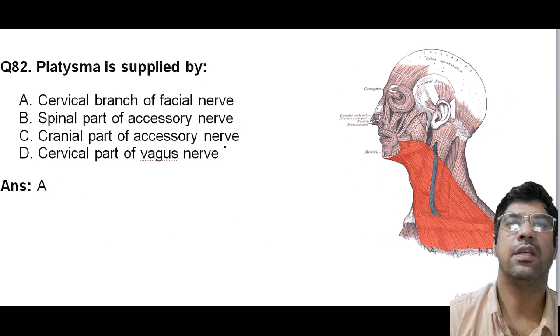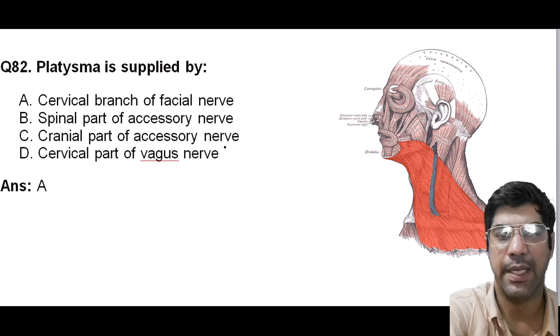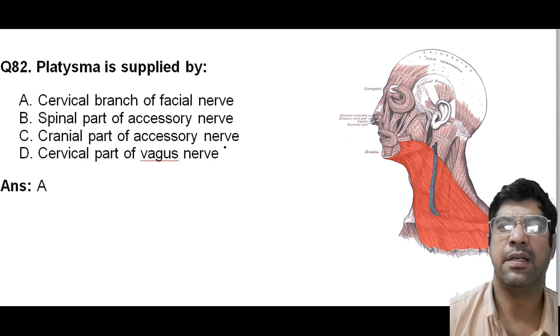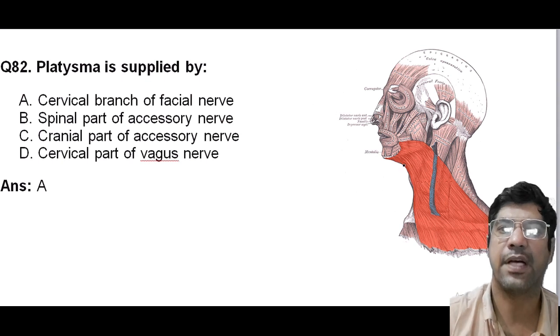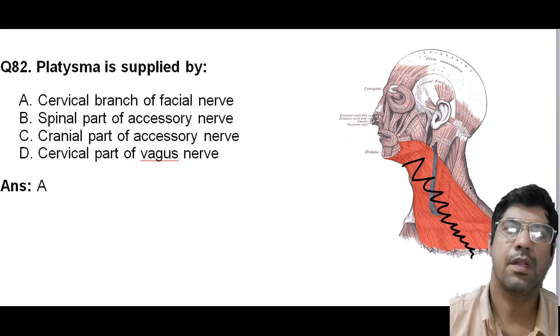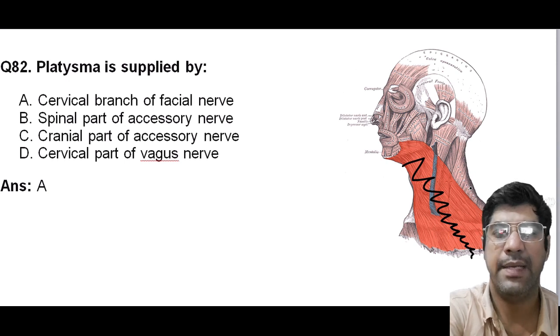Moving to the next question, the platysma is supplied by. Well, the platysma is supplied by the cervical branch of the facial nerve. Remember, the platysma is a thin sheet of tissue that wraps around your skin like a superhero cape.